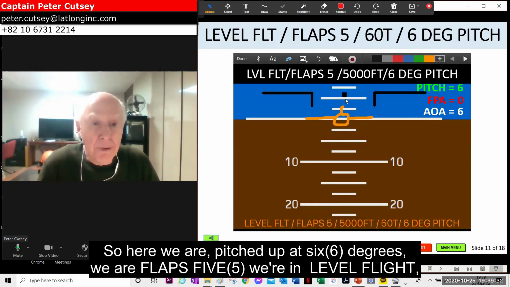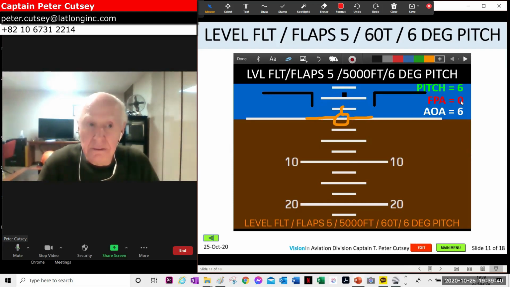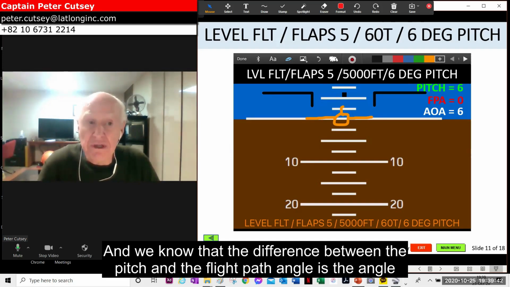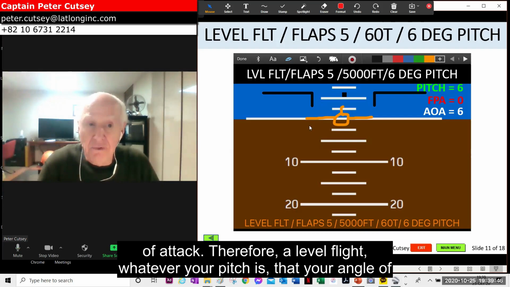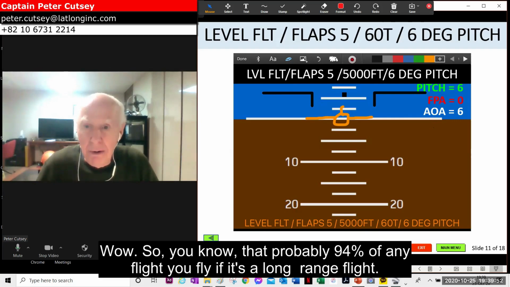So here we are pitched up at 6 degrees, we're at flaps 5, we're in level flight. So the flight path angle is 0. And we know that the difference between the pitch and the flight path angle is the angle of attack. Therefore, in level flight, whatever your pitch is, that's your angle of attack. Wow.